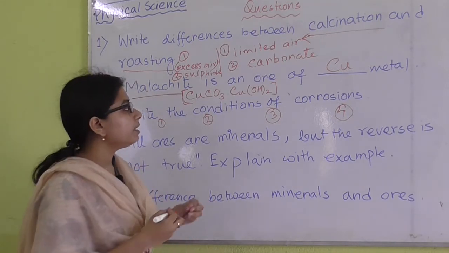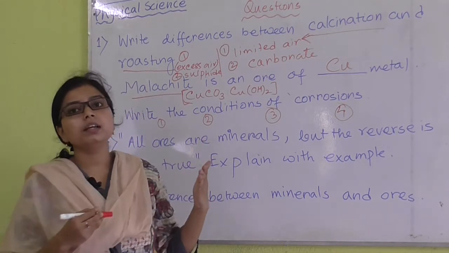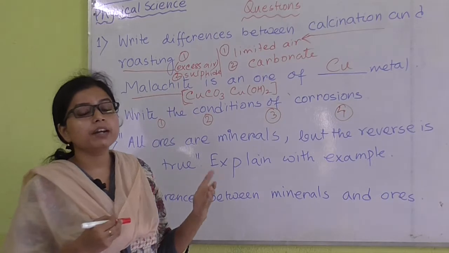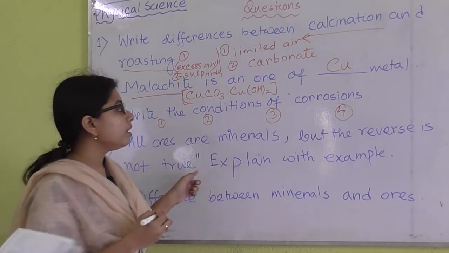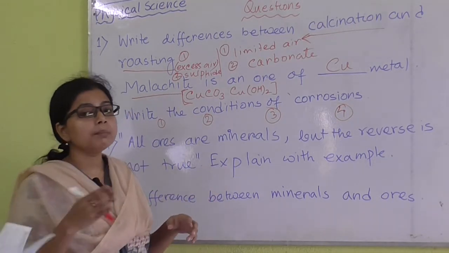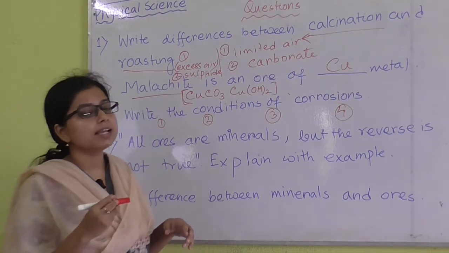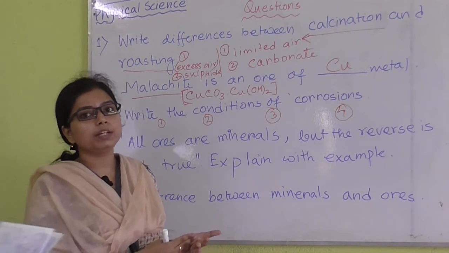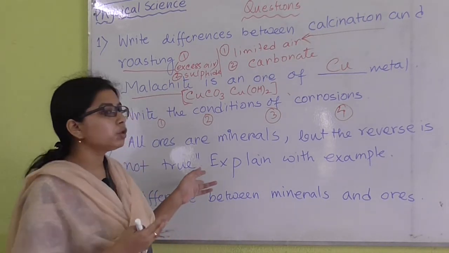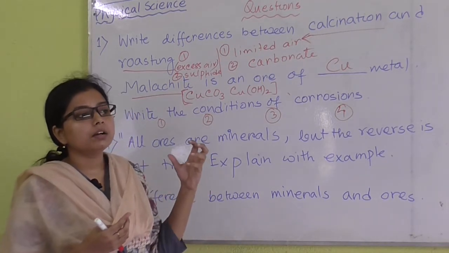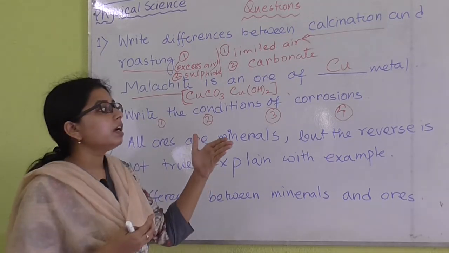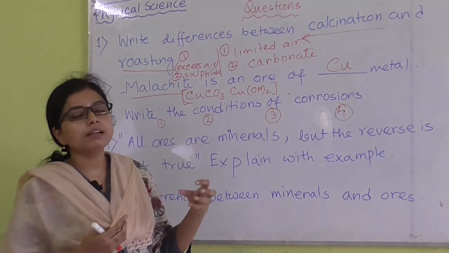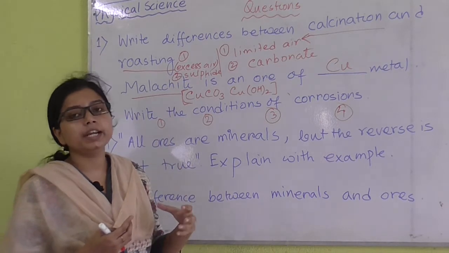corresponding metal. But if we want to consider the mineral as the ore, then we have to be careful about certain points. That means if we want to use the mineral as the ore of the particular metal, then we should extract the metal from that mineral in a very convenient way.